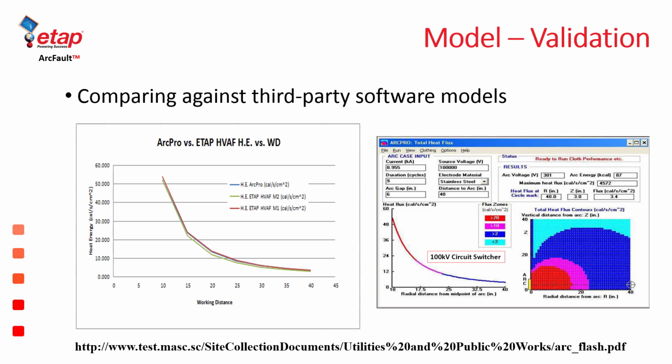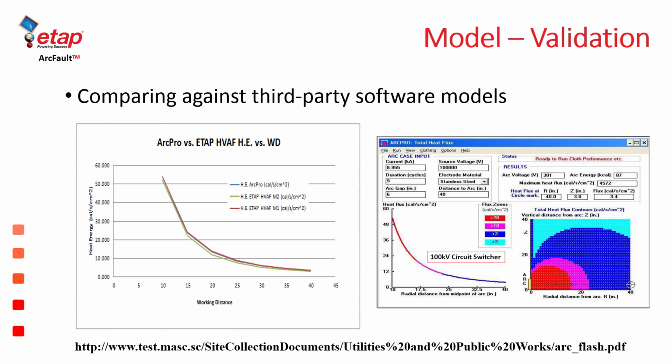Some of the examples of the validation against third-party software include comparison against a very common program called ArcPro. Here in this slide, on the left-hand side, we can see ETAP versus ArcPro results, and we can see that there's a very small difference in the results.